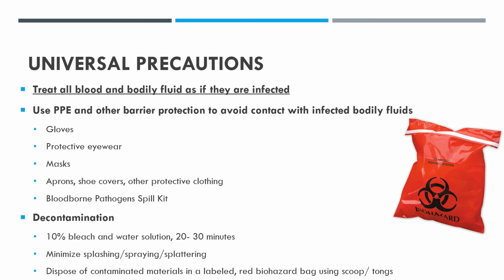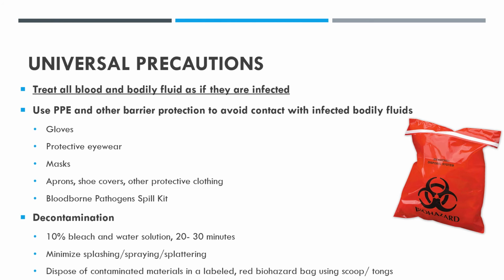The bloodborne pathogen spill kit contains fluid cleanup materials such as absorbent powder, a disinfectant solution, and a biohazard waste bag. If no disinfectant solution is available, it can be substituted with a solution consisting of 1 part bleach to 10 parts water.